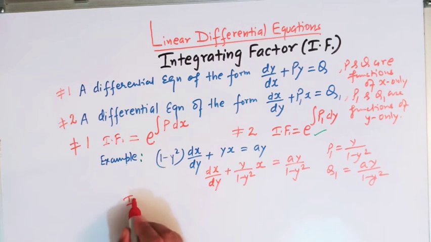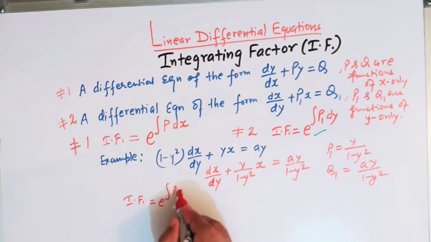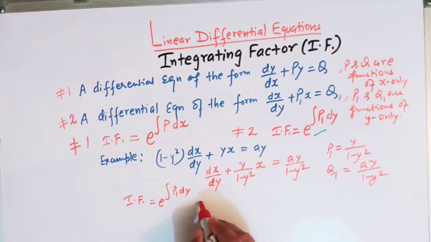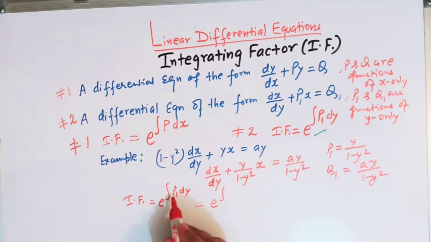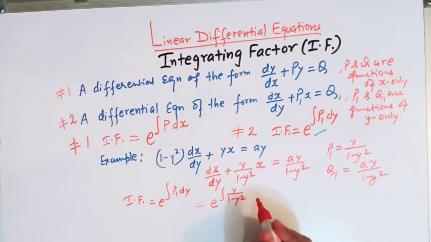Now the integrating factor is given by e raised to the integral of p1 with respect to y. For p1 we can substitute y/(1 − y²), and here we have dy, right?